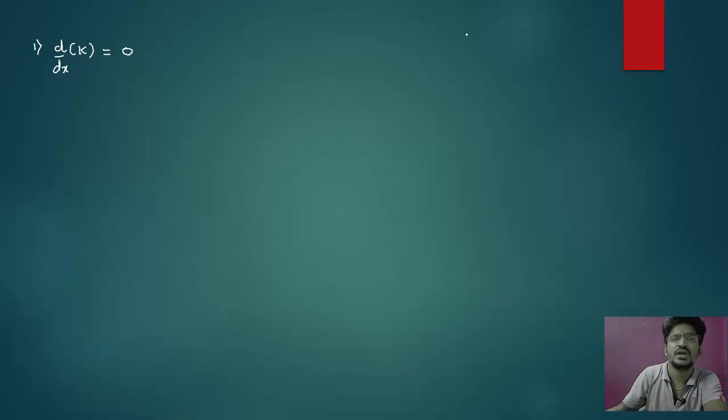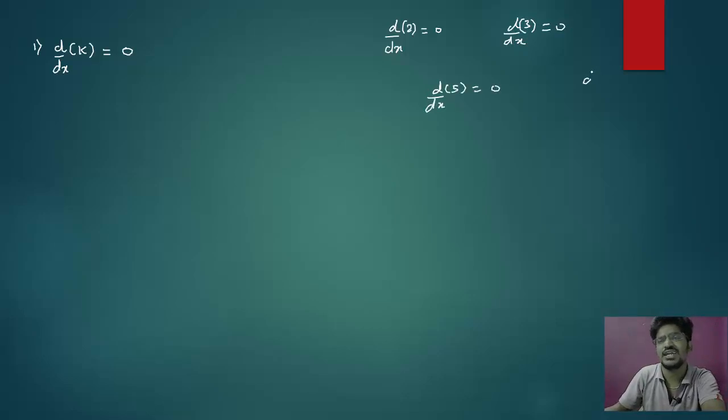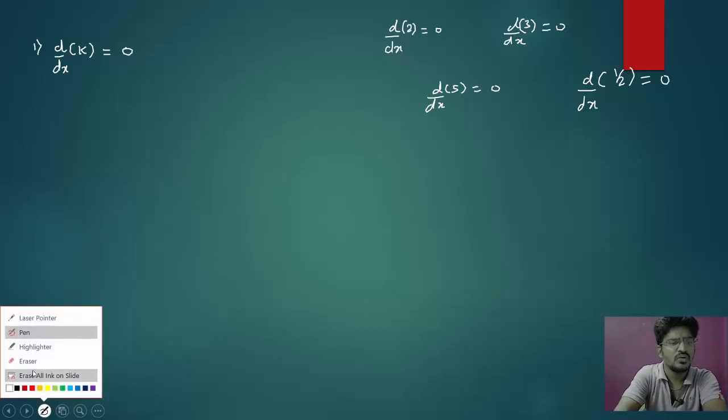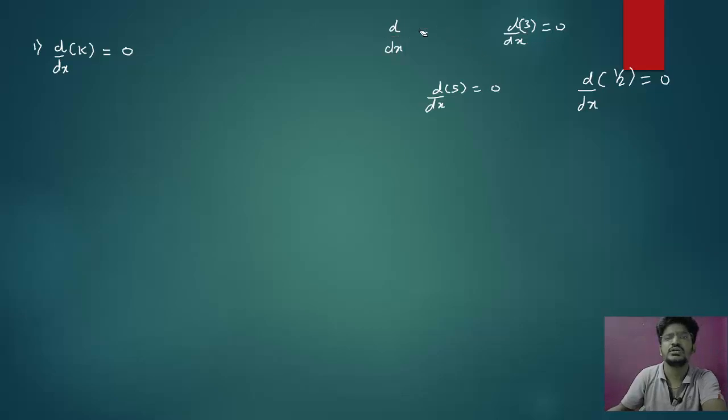You can take any real number: differentiation of 2 is 0, differentiation of 3 is also 0, differentiation of 5 is also 0. Whatever constant term you take, the result is going to be equal to 0. So this is the differentiation of a constant term. Clear?